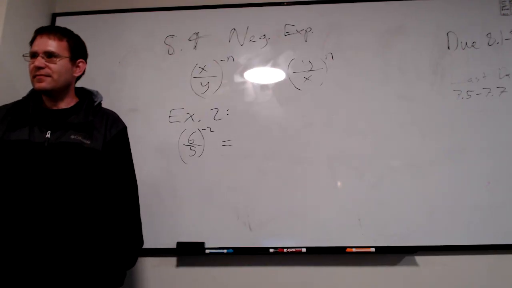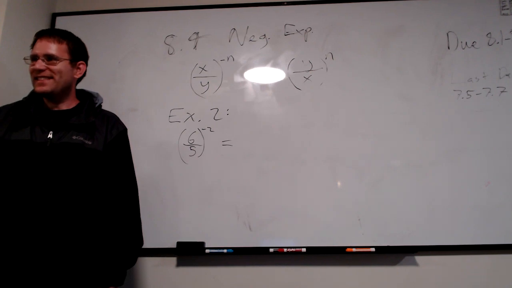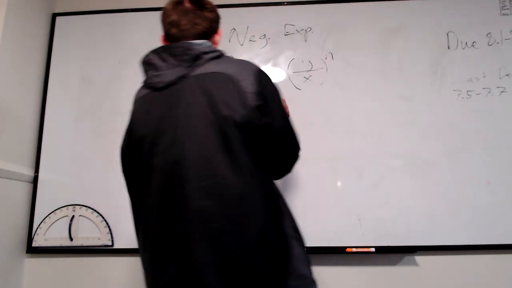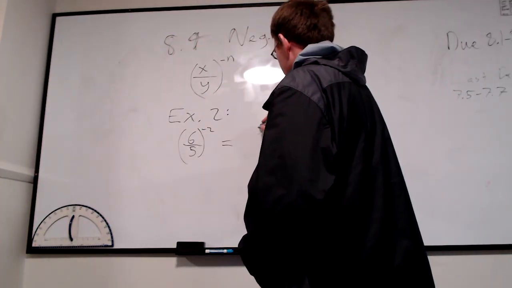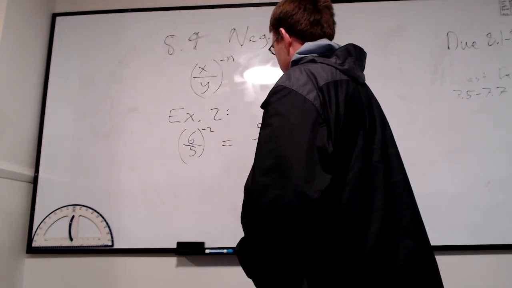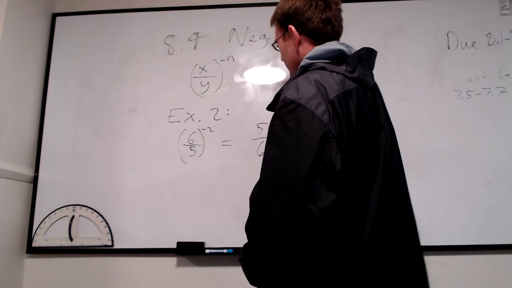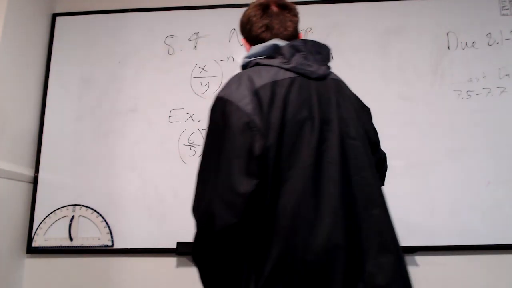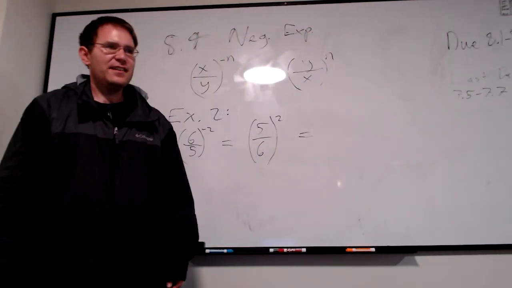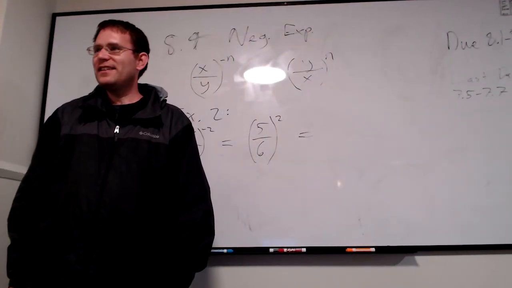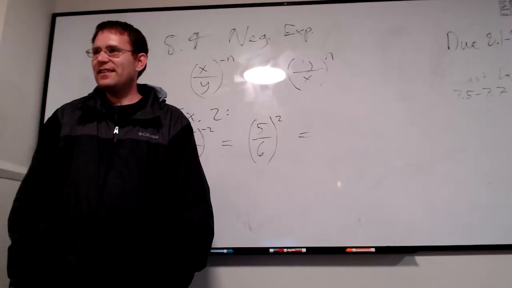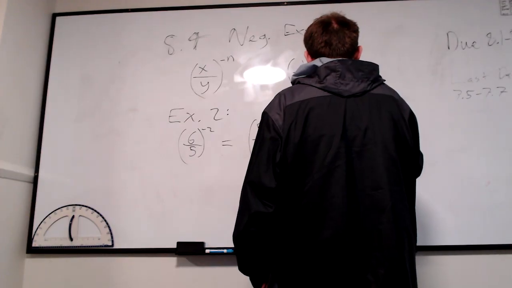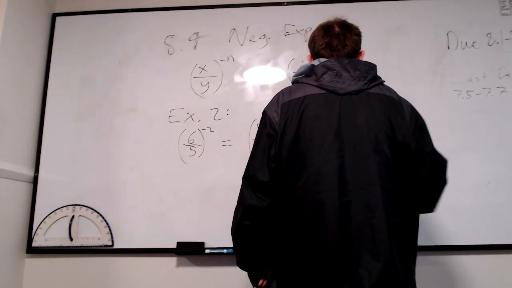Don't take it that far. Start it. So it's going to be 5 over 6. We did the flipping, to the power of 2, which is 25 over 36. 25 over 36. Very good.